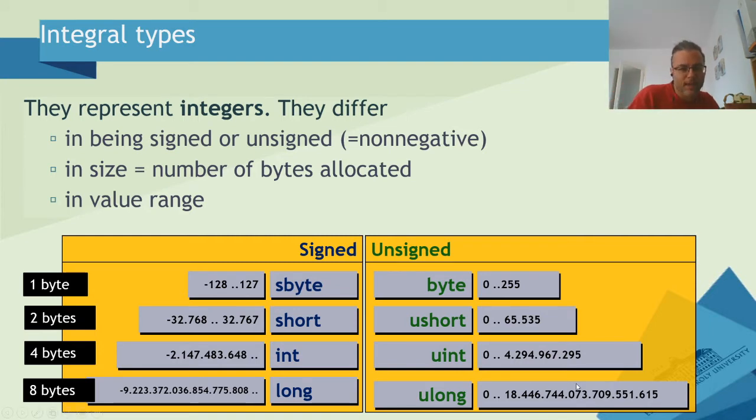So yeah, 8 bits. A bit has two values, true or false. So basically a bit can hold two values. If you have 8 bits, then the number of possible values is 2 to the power of 8.